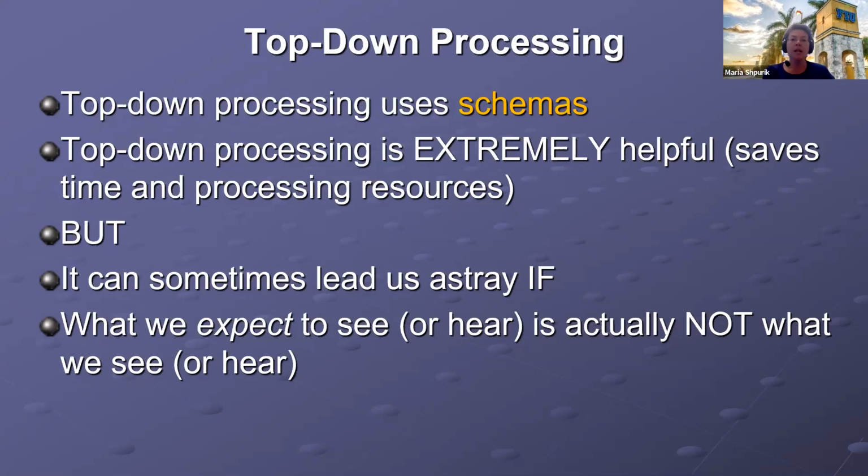What's the big deal? But when you come across situations where, for example, which has happened, a police officer who expects to see a gun in a suspect's hand actually thinks he saw a gun, and then proceeds to maybe shoot that person. That is a very, very dangerous mistake that is the result of overactive top-down processing.